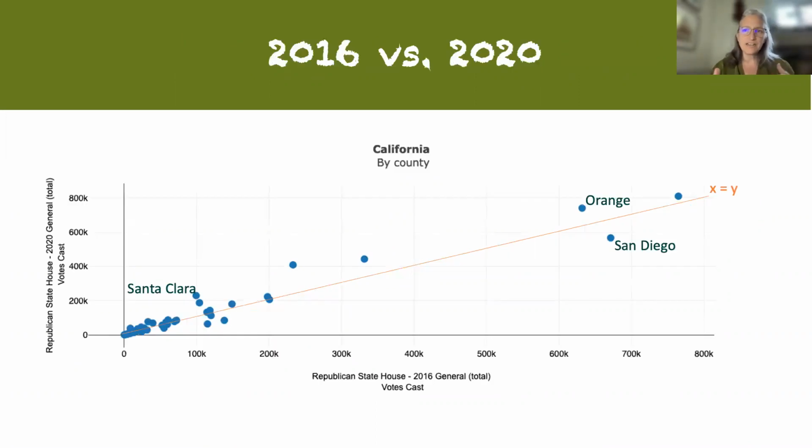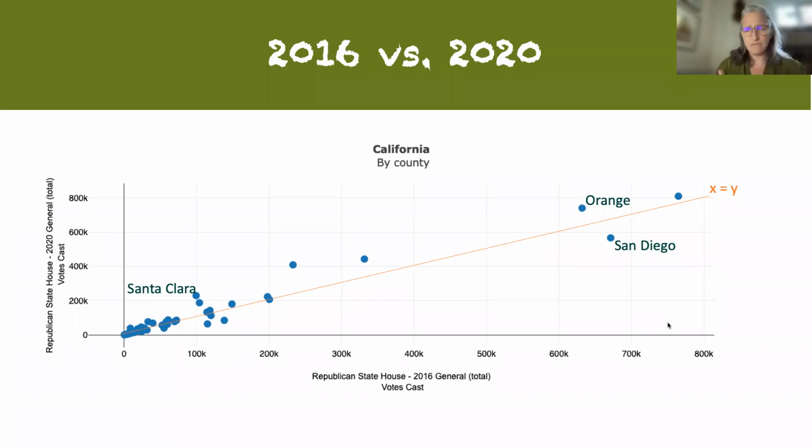Or you can do a kind of comparative analysis one year over the other. On the horizontal is Republican votes for Republican state legislature in 2016, and on the vertical it's votes for Republican state legislature in 2020. So things that are above the X equals Y line are counties where in 2020 there were more votes for the local state rep from that county than there were in 2016.